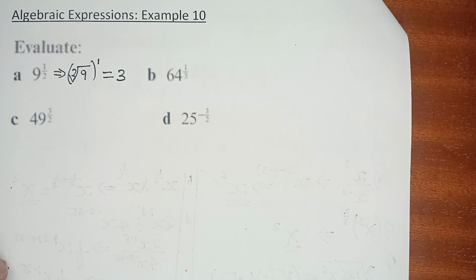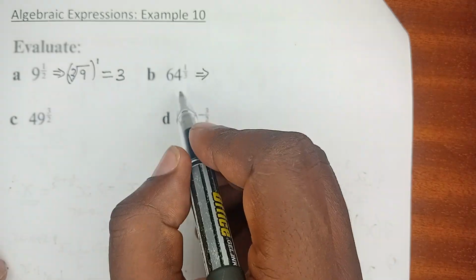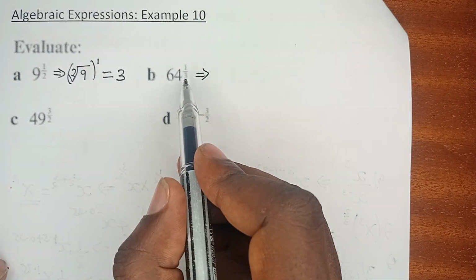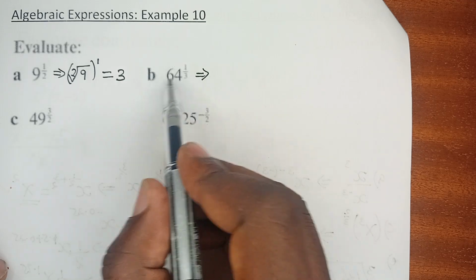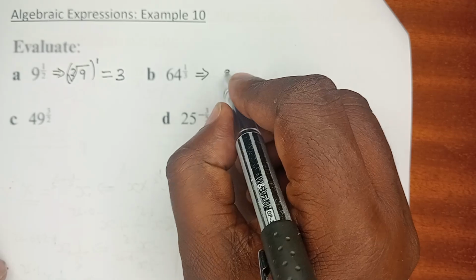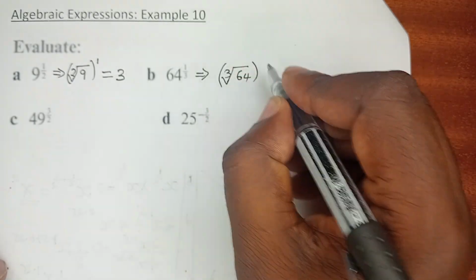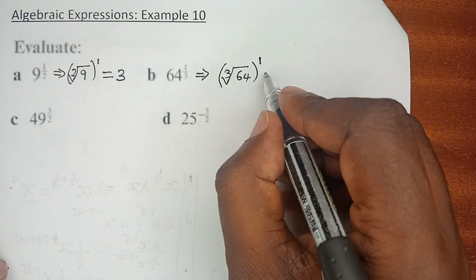In part B, we are saying that this is 64 raised to power 1 over 3. And the denominator becomes the root and the numerator becomes the index now. So the third root of 64 upon which everything is raised to power 1.